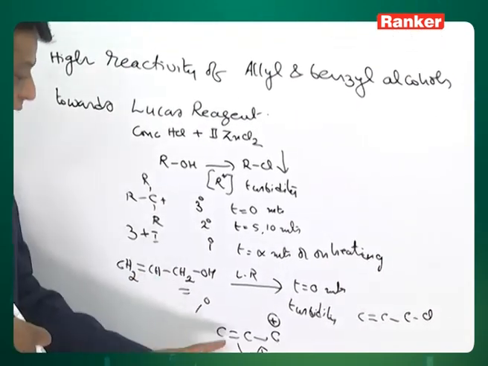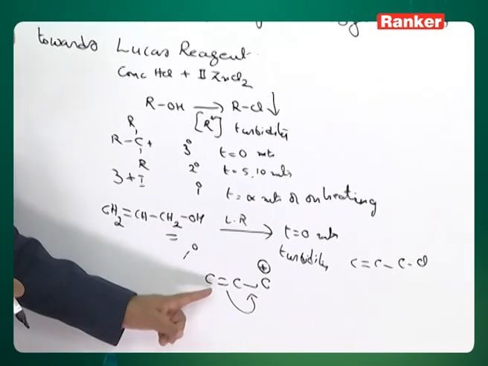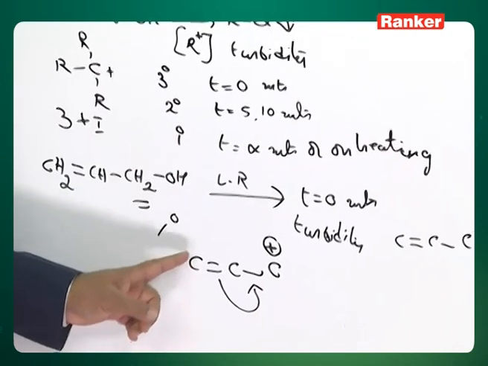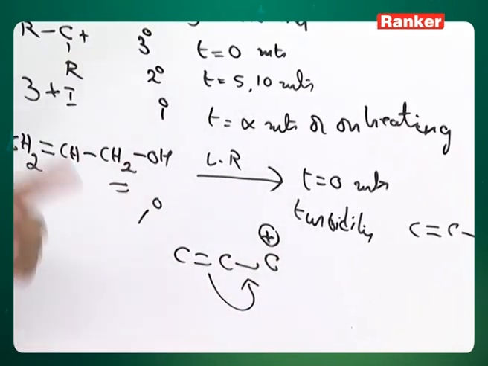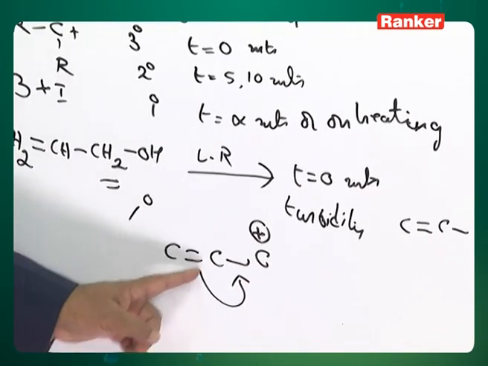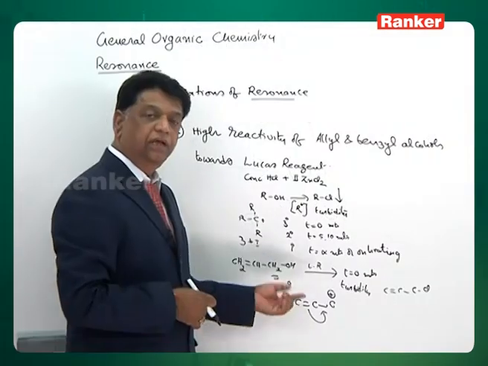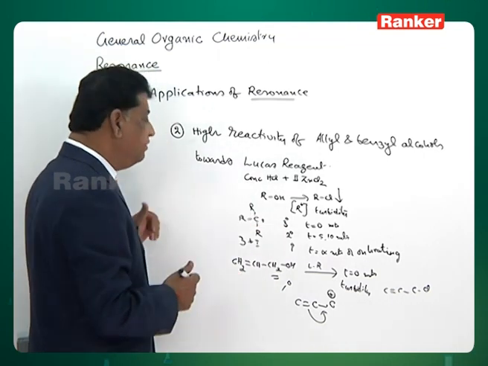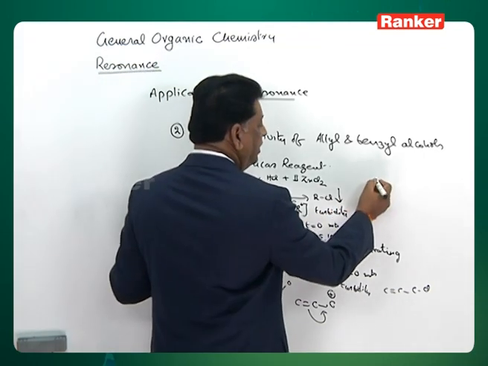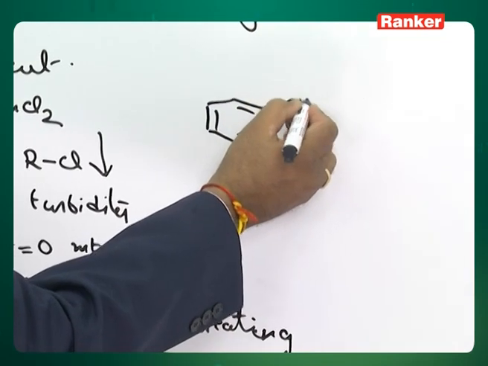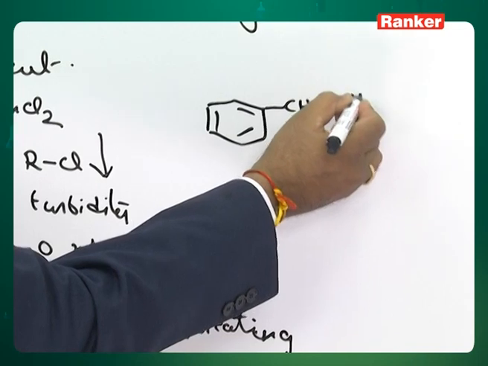It is not because of primary, but after removal of OH, the intermediate formed is the allyl carbocation, which has resonance. Pi charge delocalization is there, therefore stabilization takes place and it reacts fast. Even in the case of benzyl alcohol, the benzene is attached not directly but through one CH2. This is called benzyl alcohol.